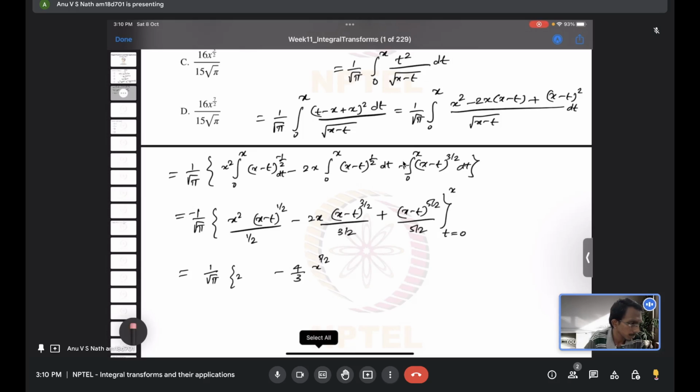So this is also x raised to 5 by 2. Then the final term is 2 by 5 x raised to 5 by 2.